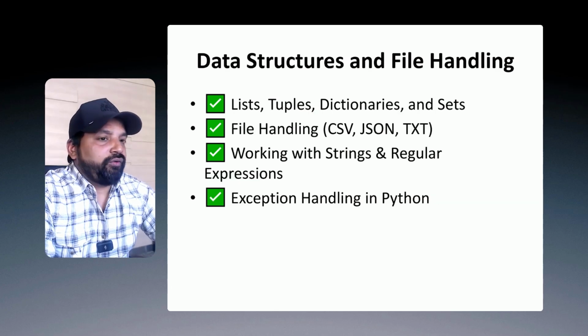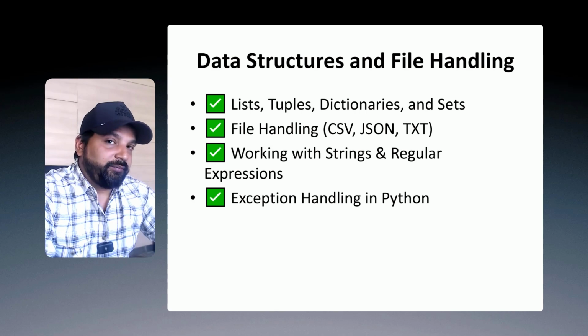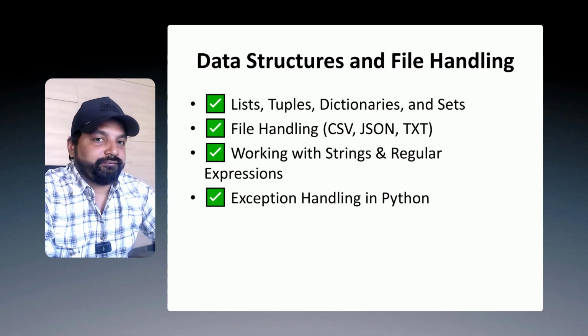Moving towards module 2, which is data structures and file handling. It is a very important module. So you will get to know what lists are, what tuples are, what dictionaries and sets are. You will also get to know how to handle files, whether it is a CSV file, JSON file, or text file.